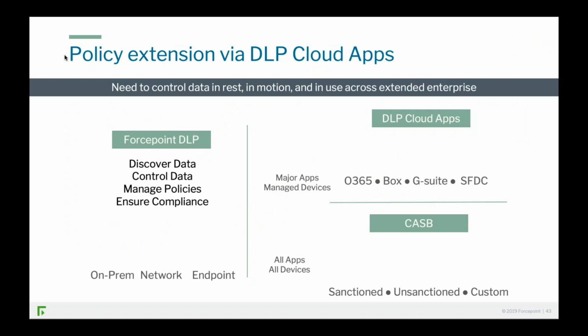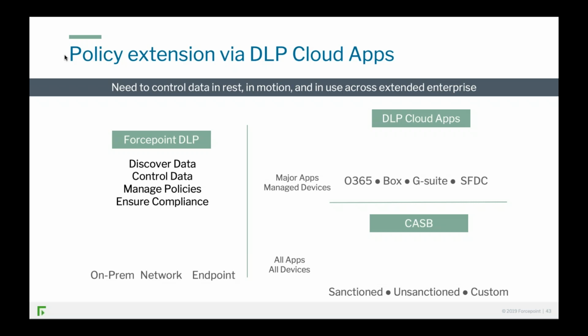So we've got a number of ways, right? If you've got Forcepoint DLP, it's a very seamless way to extend your DLP policies, procedures, and handling processes into the cloud, and that's called DLP Cloud Apps, and also via CASB.